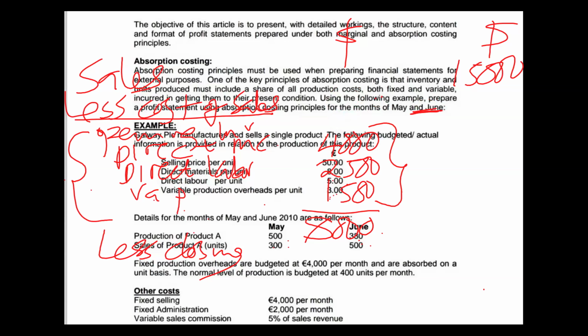When you have this 8,000, you have to determine the closing inventory. You check how many units were produced, minus those that were sold, all multiplied by the cost of production. Which cost of production?